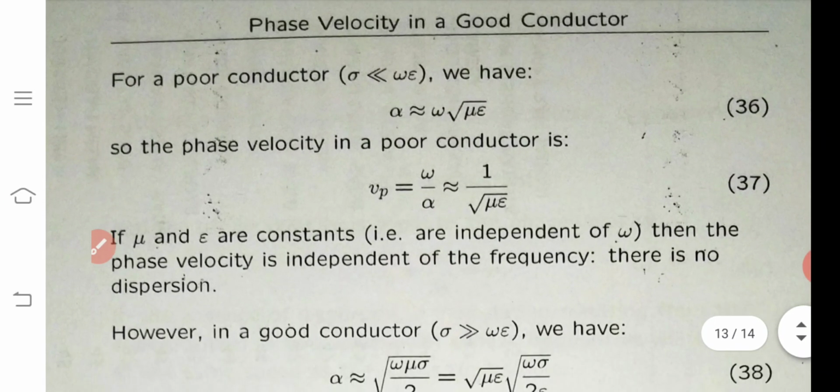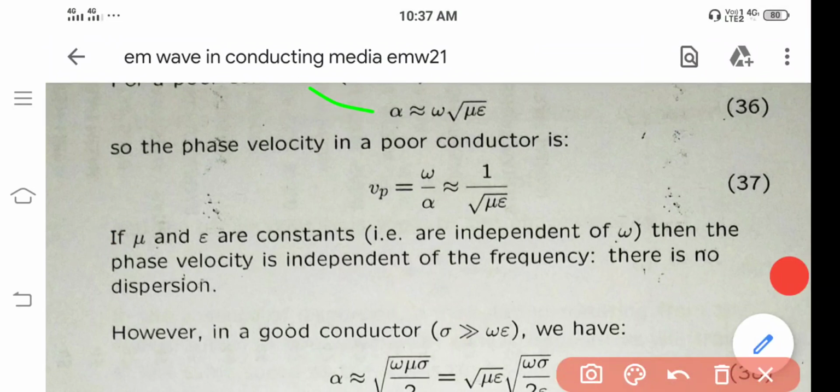For poor conductors, alpha equals omega root mu epsilon, and the phase velocity omega upon alpha is 1 upon root mu epsilon. If mu and epsilon are constant, then the phase velocity is independent of frequency.